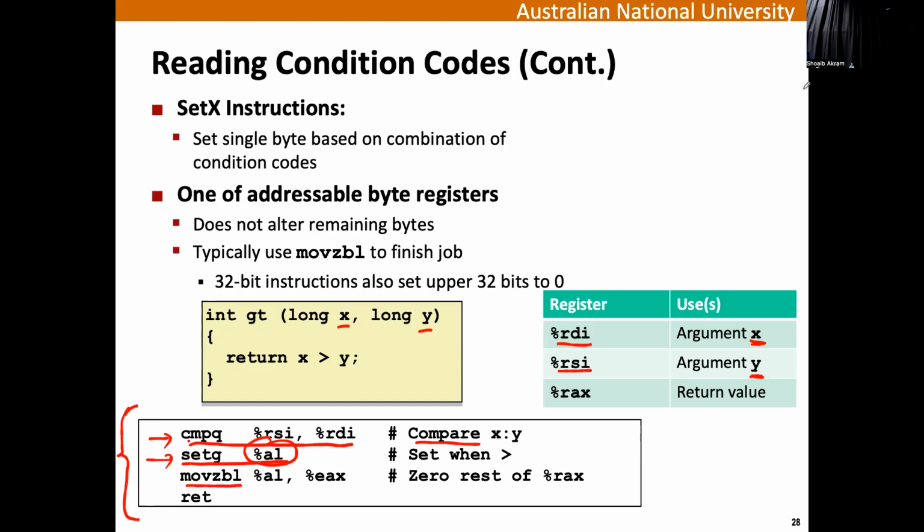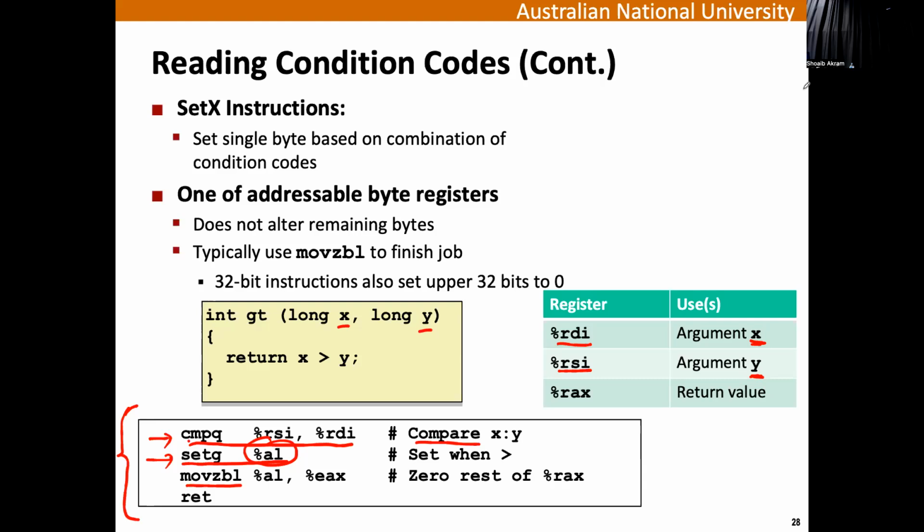the movzbl instruction is a variant of the move instruction. It takes a byte. The first letter, B, stands for the data type of the source operand, and B stands for byte. L stands for the data type of the destination operand.